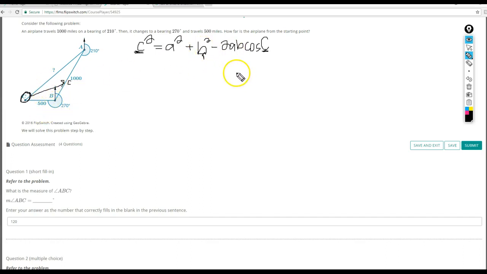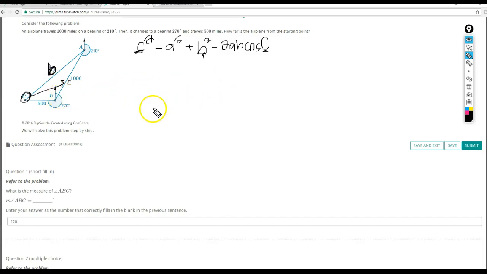And so I know that by that relationship, I could rearrange my labels. So if I want to find side length little b, I'm going to rearrange this based on the relationships.